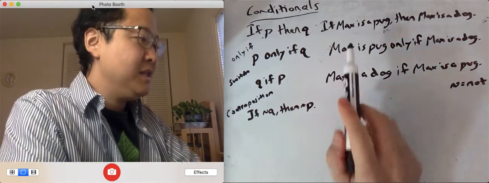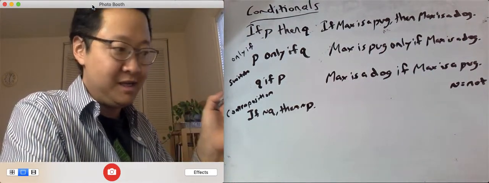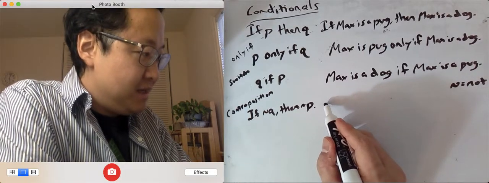Okay, so let's take if Max is a pug, then Max is a dog. Let's switch the order and add the negation. So how does that look? Then it turns into this.